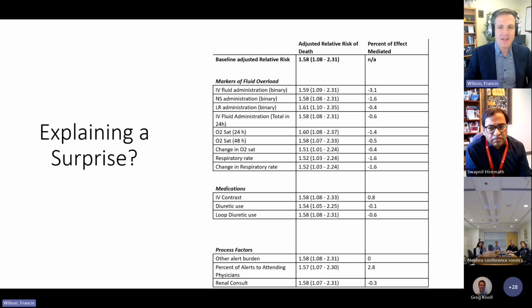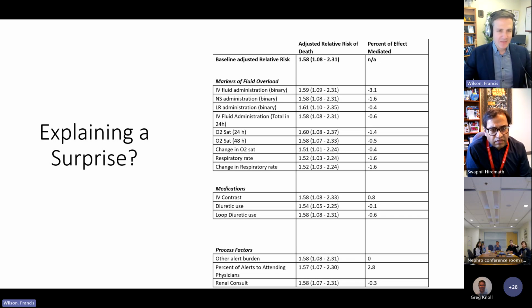So we're just looking at the non-teaching hospitals. You can see the alert group had a 1.58 relative risk of death compared to the control group in those hospitals. And then we examine various potential mediators to look at how accounting for that mediator attenuates that adjusted relative risk of death. That's sort of how these mediation analyses work.